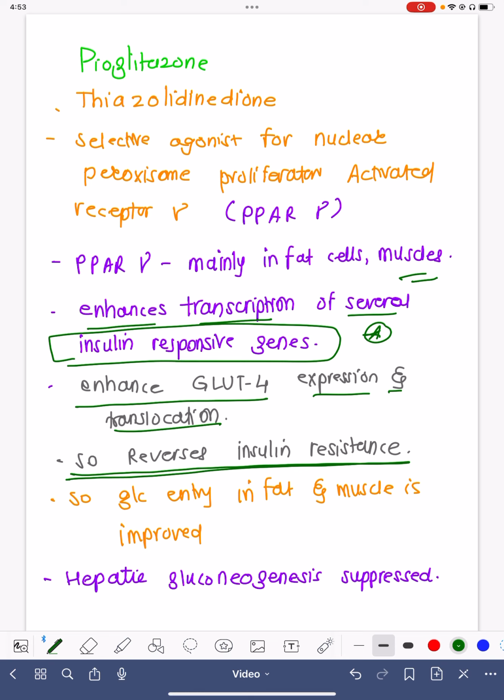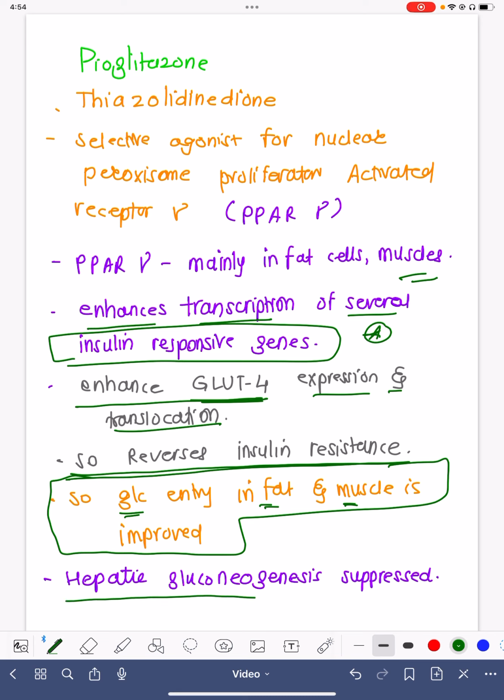As I just told, it enhances GLUT4 expression on these fat cells and muscle cells, so glucose entry into the fat and muscle is improved. That is how the insulin requirement to move this glucose into fat and muscle is reduced. That is the reason why it causes sensitization to insulin.